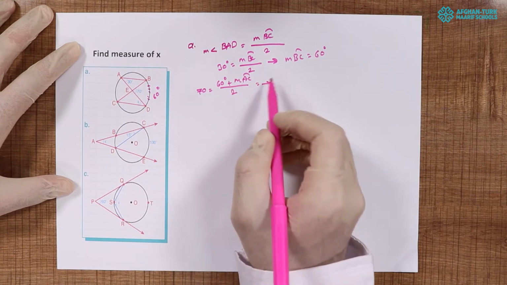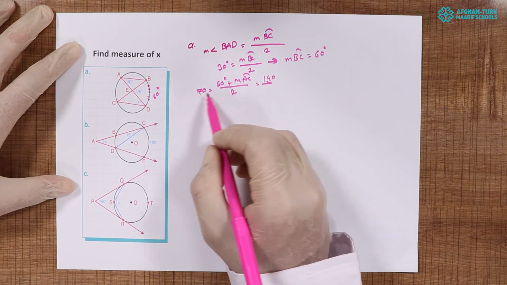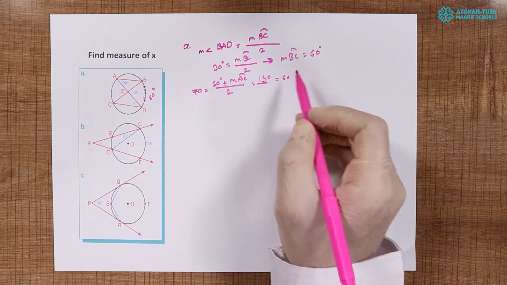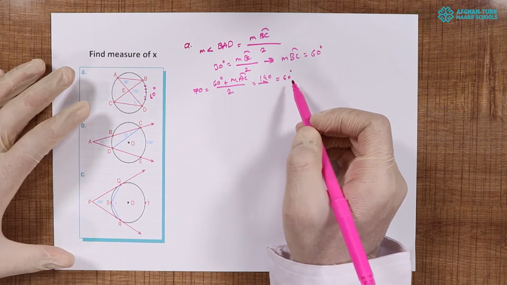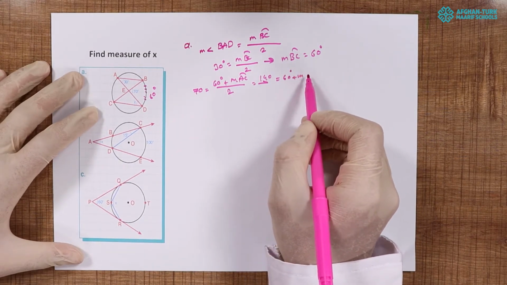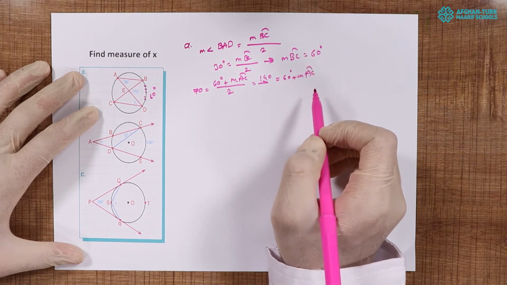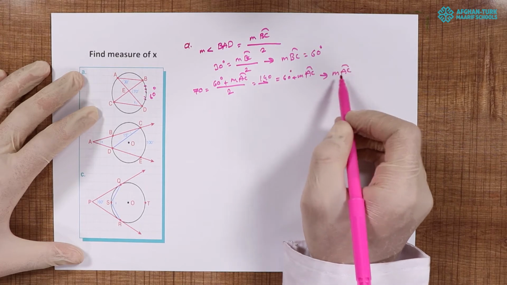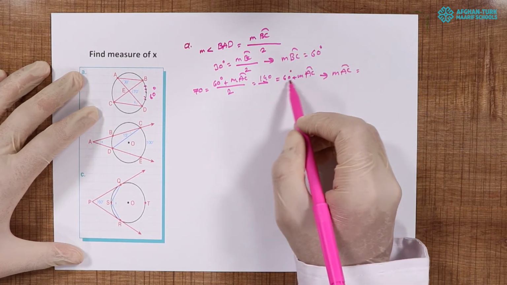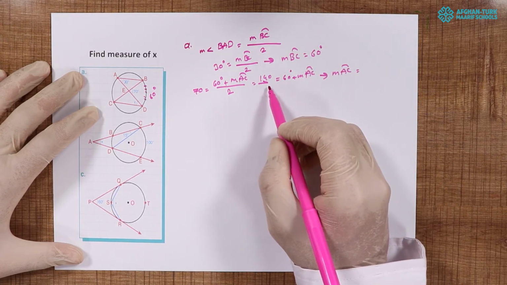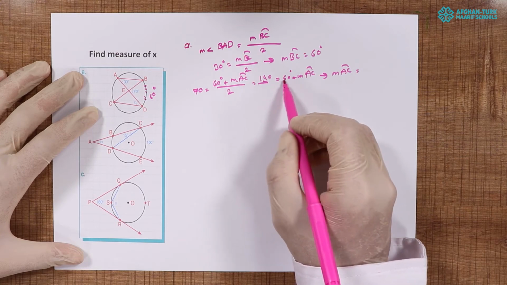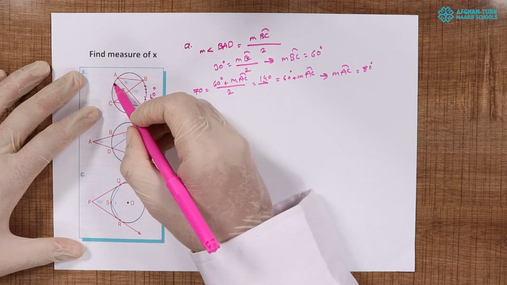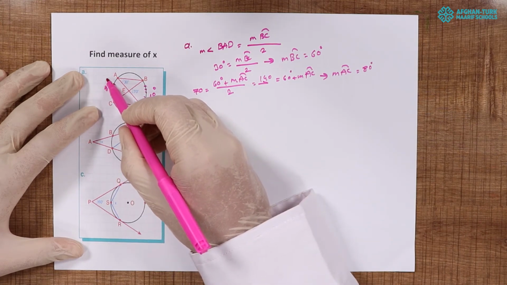So 140, 2 times 70 is 140, is equal to 60 degrees plus measure of arc AC. So in order to find arc AC, we have to move 60 to the left-hand side of the equation, 140 minus 60 will be 80 degrees. So this arc is equal to 80 degrees.